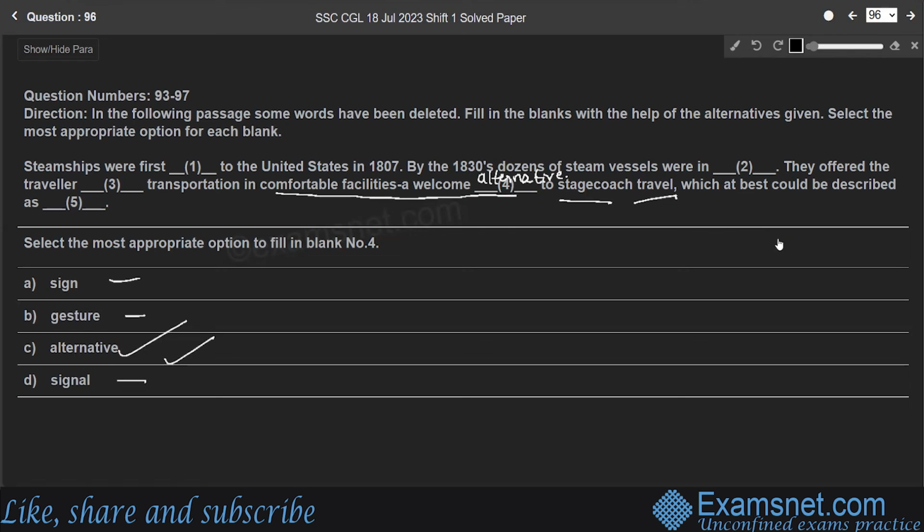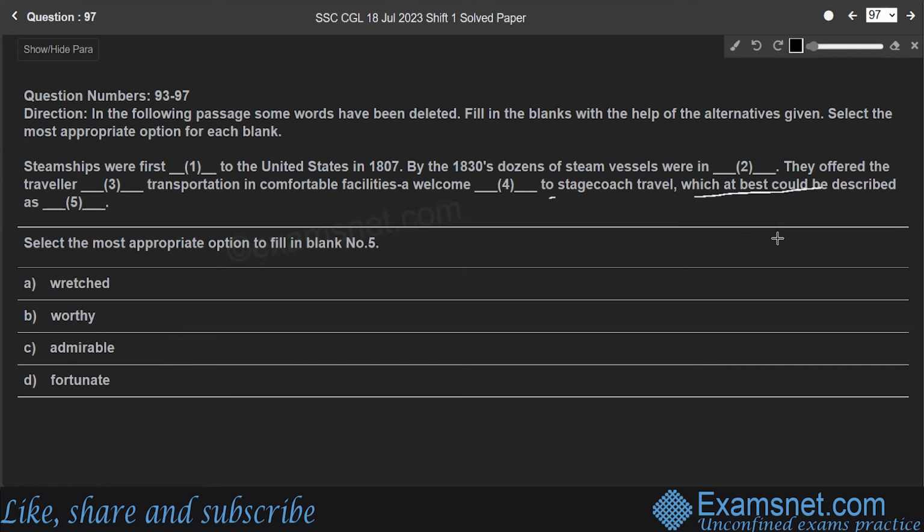The next question is question 97, which at best could be described as wretched. Option A. Wretched means of poor quality or very bad.